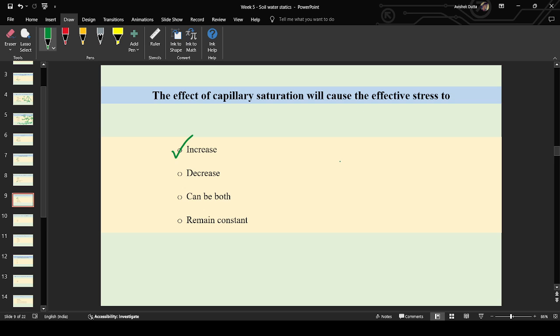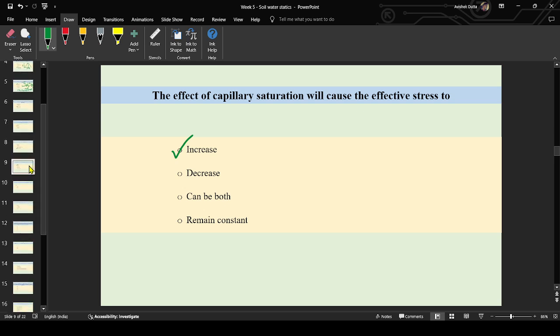There are more similar questions with this concept, it will be clear next. In capillary saturation, the pore pressure is negative. We know total pressure equals effective pressure plus pore pressure. Pore pressure is negative, so for the same total pressure, the effective stress will be increasing. Okay, there is another similar question.